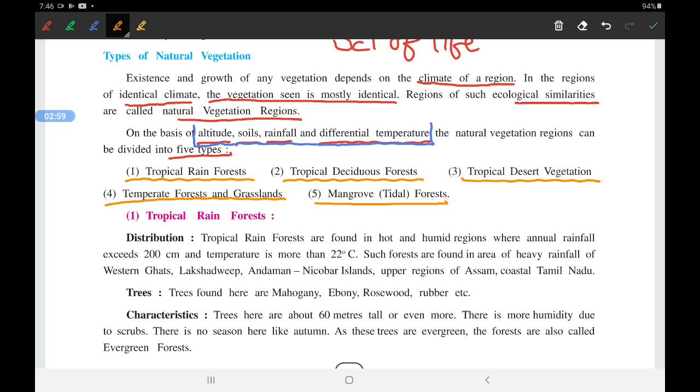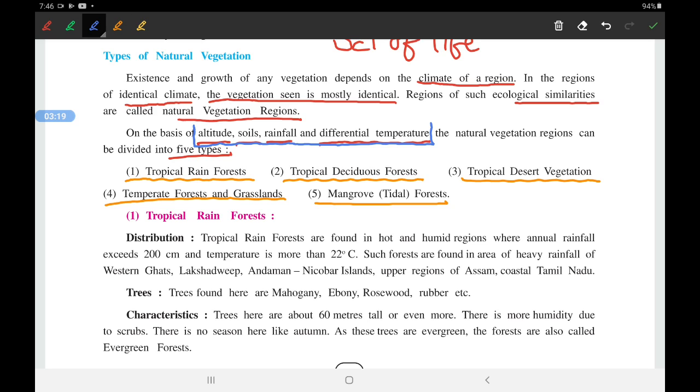So these are the 5 types of vegetation found in India. We will be studying each in detail in the further part of the chapter.